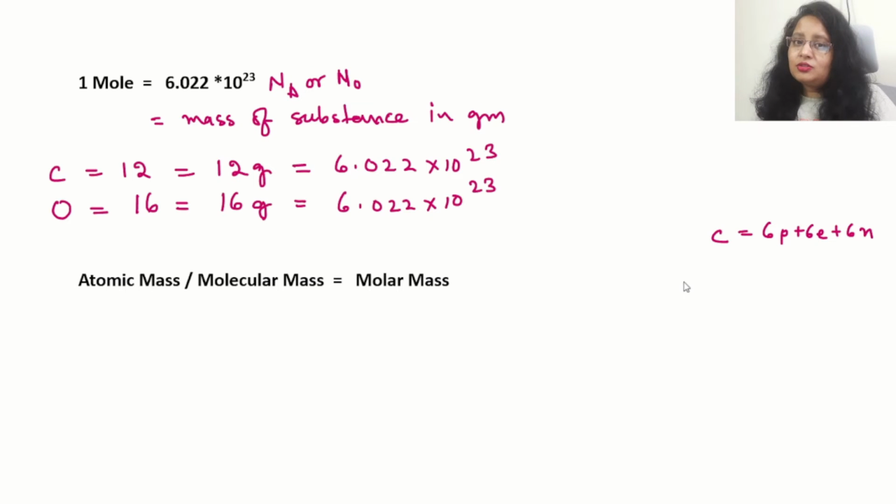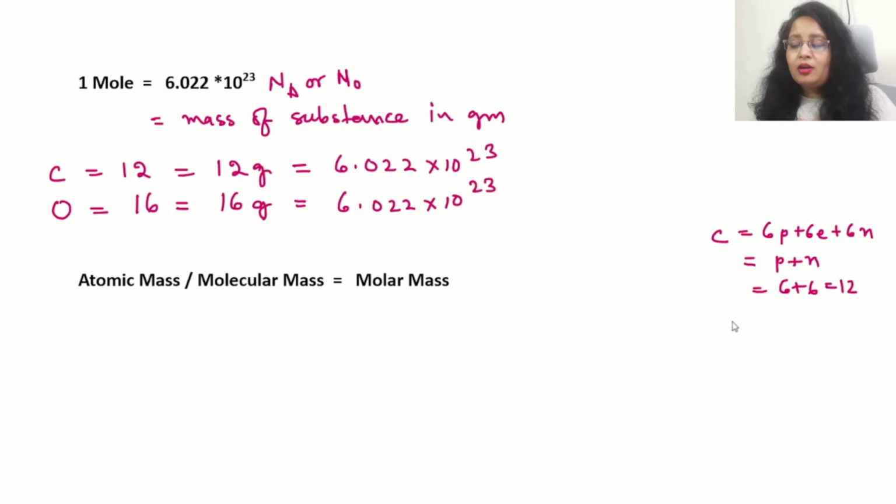It's not exactly 6 neutrons, it is in some decimal, but for ease of calculation we take it as a round number. Now mass should be protons plus neutrons, which are in the nucleus. So 6 plus 6, that is 12. This is called the mass number, or atomic mass, or the molecular mass.